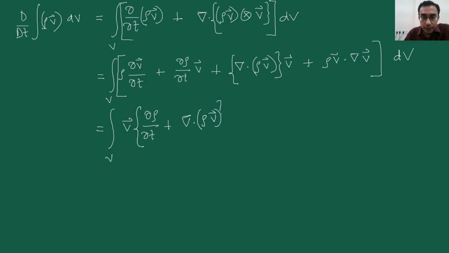Keep that together. Next, whatever remains, this rho del v del t plus rho whatever this term is, we will take together, taking the rho common. So del v del t plus v dot grad v.